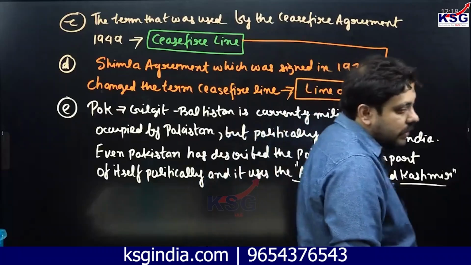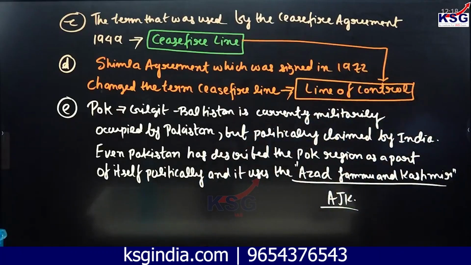This is the term that Pakistan uses to define what is known as the concept of the Gilgit Baltistan region, which is occupied by the Pakistanis militarily. The political term that the Pakistani government uses to denote the Gilgit Baltistan region is known as the Azad Jammu and Kashmir.